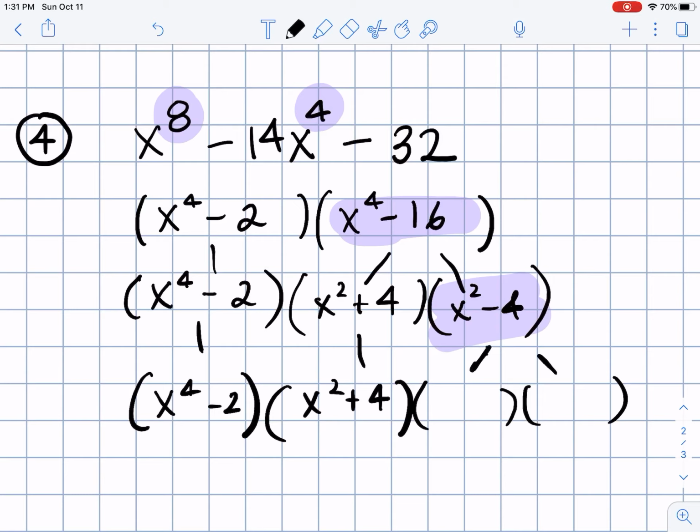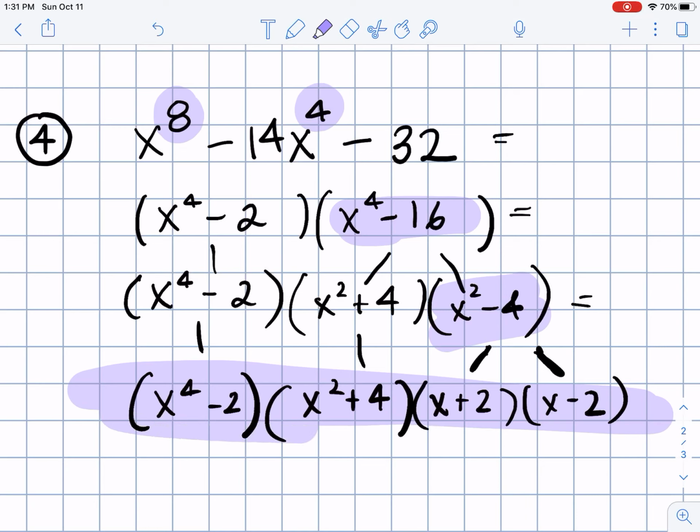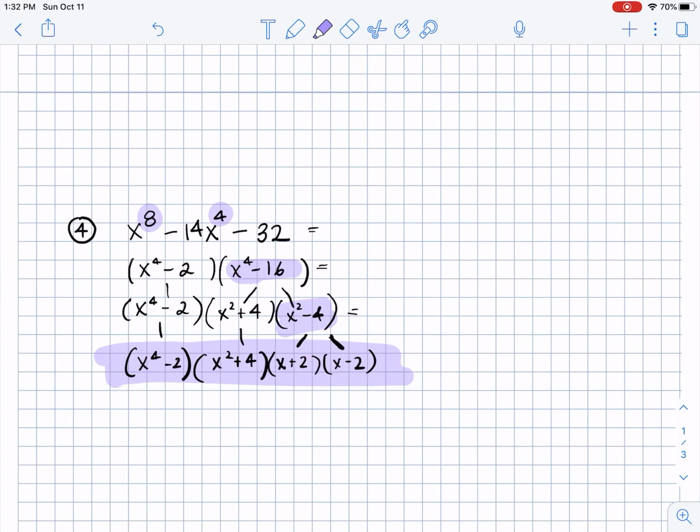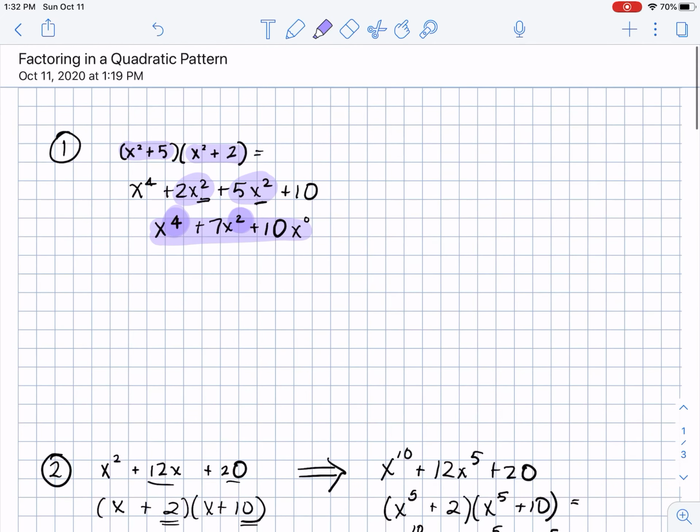So now that leaves this one, x plus 2 times x minus 2. Don't mind if I do. And this, my dear students, is the answer, fully factored. Woohoo! So, to summarize, factoring using a quadratic pattern, we get things that are not quadratics.